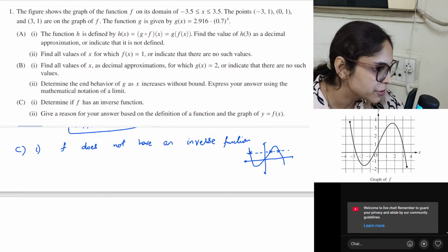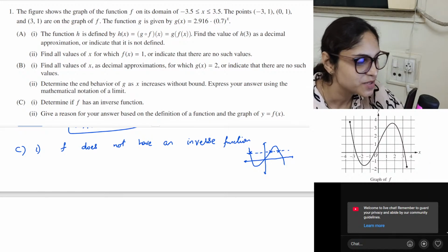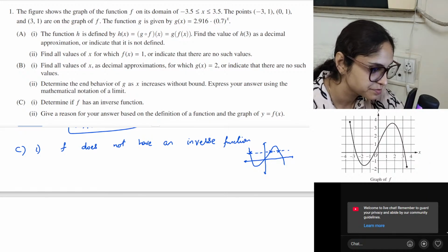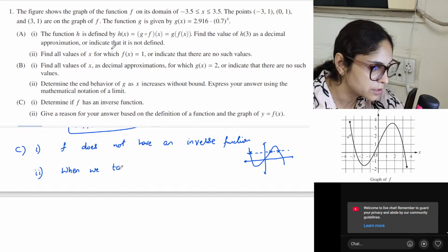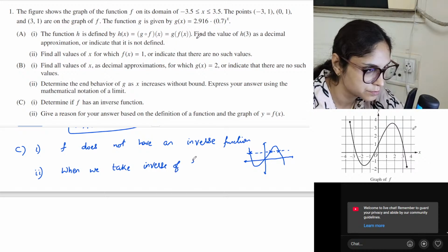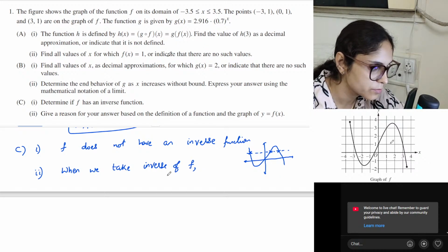Second part, give a reason for your answer based on the definition of a function and the graph of y is equal to f of x. So in the second part, you have to give a reason. When we take inverse of f, because we had 0, 1, we'll be having 1, 0, 1, -3, 1, 3.